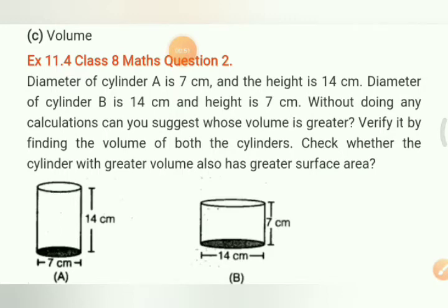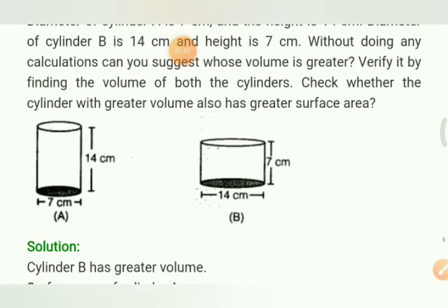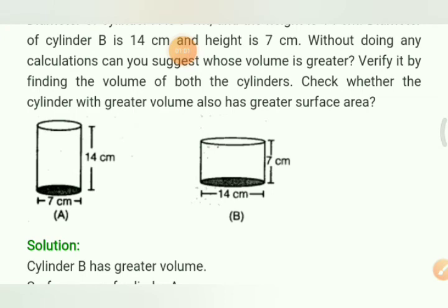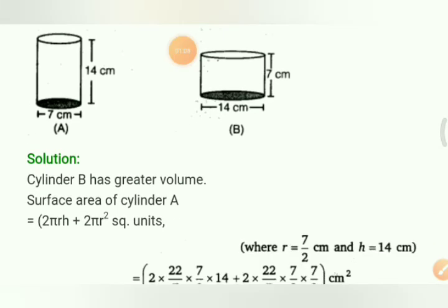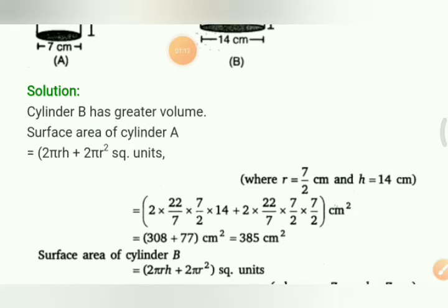Now diameter is given, height is given, of both cylinders. Now directly we can put those values in the formula of the cylinder. The surface area of cylinder is, here it is written separately, 2 pi RH plus 2 pi R square. You can directly use the formula which we had studied.